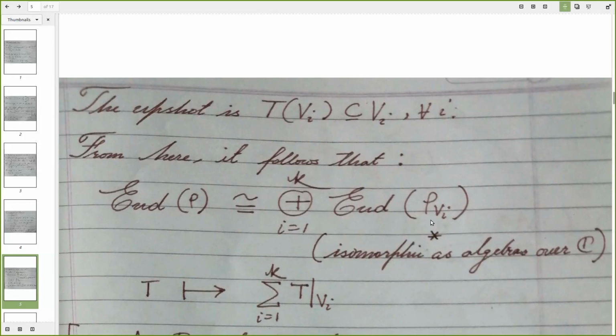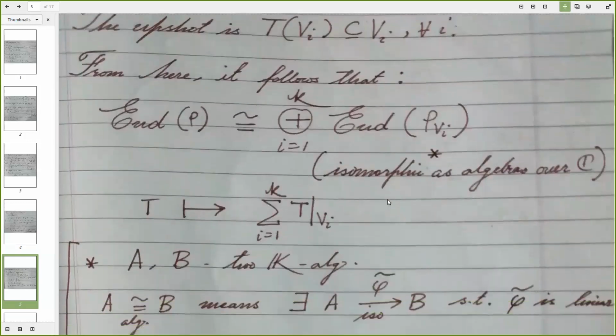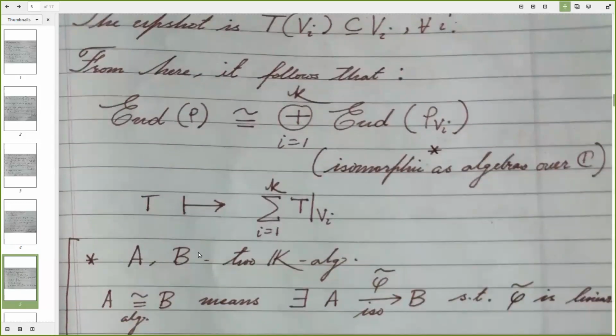So rho Vi is nothing but the subrepresentation of rho on the subspace Vi. Again, this is very simple. How do we get it? I have written down the isomorphism as well.